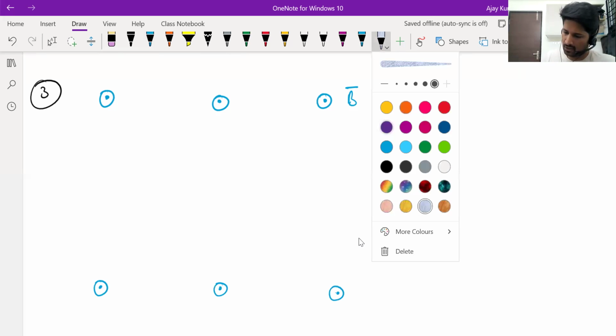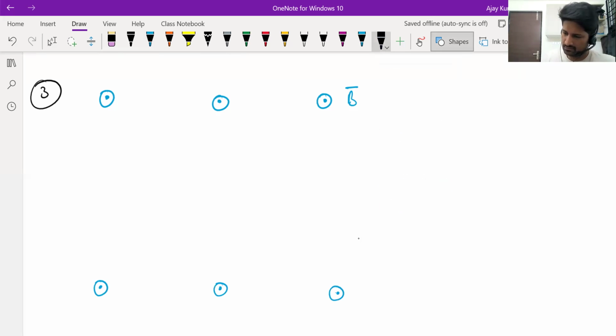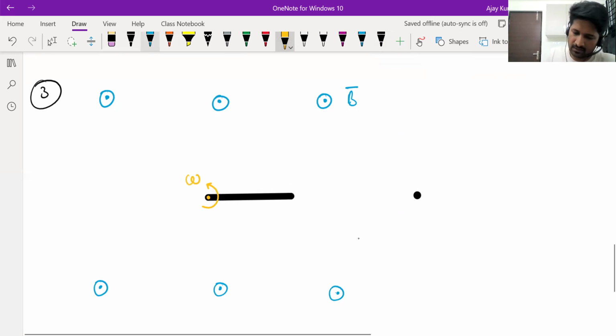And assume there is a rod, conducting rod, obviously, rotating inside this magnetic field. Assume this is the pivot. The rod is rotating like this with an angular velocity omega. Length of the rod is L.